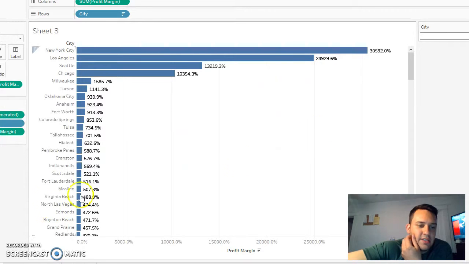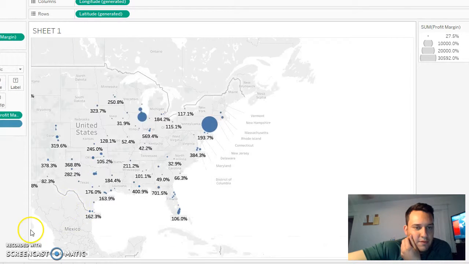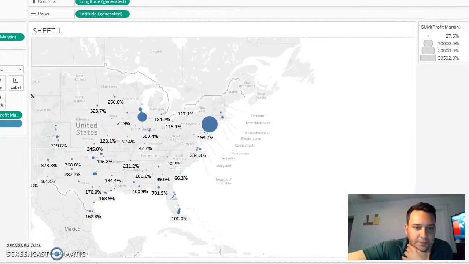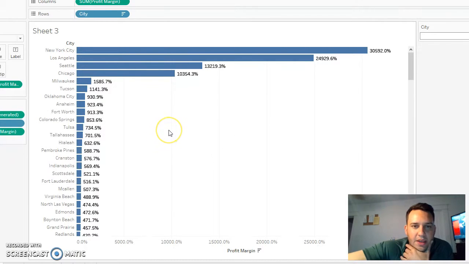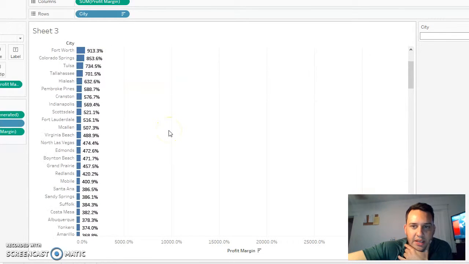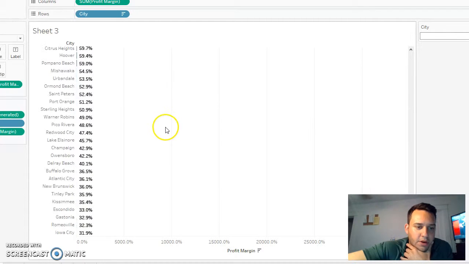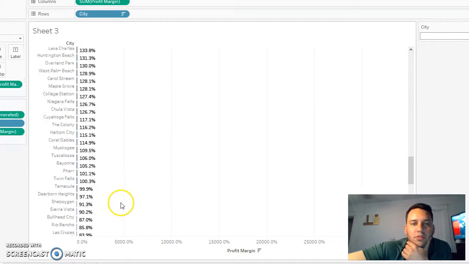Again, this is similar to the first graph depicting profit margins by city, but here we can see it a little more organized, and it's broken down from most profitable to least profitable.